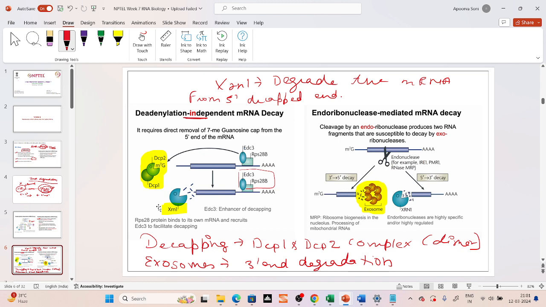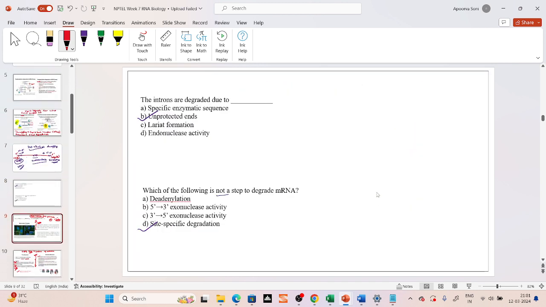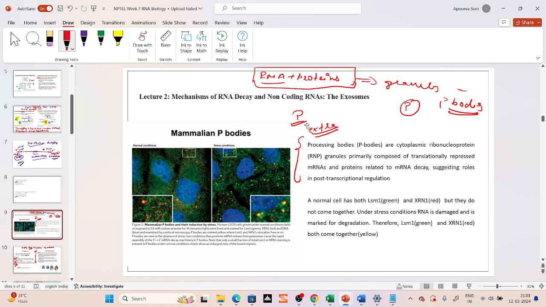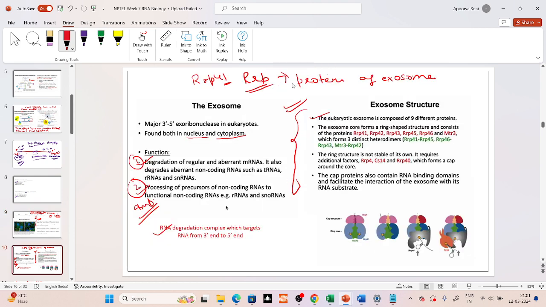Then we have studied independent and endonuclease mediated decay. Then we studied the P bodies. P bodies are made up of translationally repressed RNAs and the proteins responsible for decay. These are granules that contain the repressed RNA and the proteins that decay the RNA. Then we studied the exosomes.